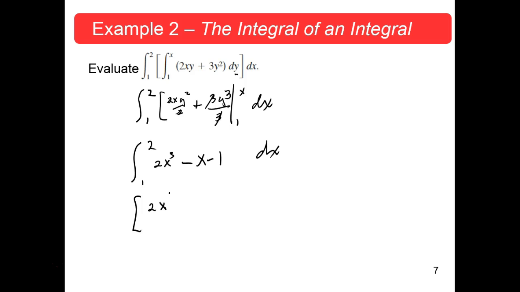You increase by 1. x to the 4th over 4, and the 2 will go into the 4 twice.